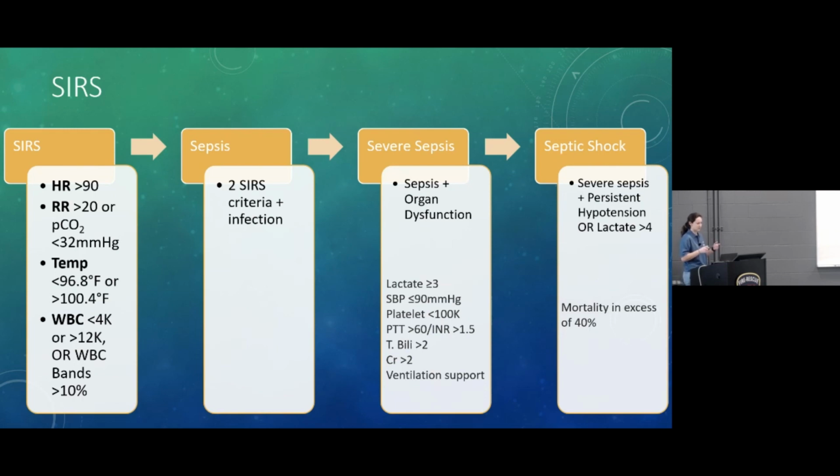And then severe sepsis, sepsis plus organ dysfunction, which could be classified by these right here: a lactate above 3, systolic less than 90, platelets less than 100,000, PT, PTT and INR that are elevated, T-bilirubin above 2, and creatinine above 2, and then if they're obviously intubated, that's another form of severe organ dysfunction. And then septic shock is severe sepsis plus persistent hypotension or lactate above 4. And for septic shock patients, there's a mortality in excess of 40%.